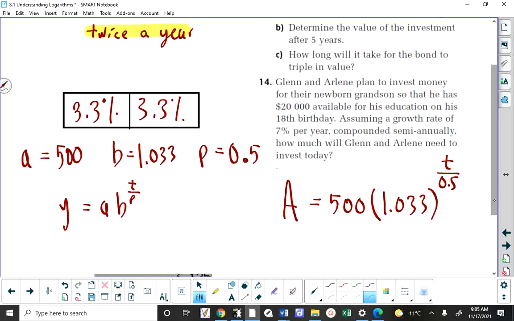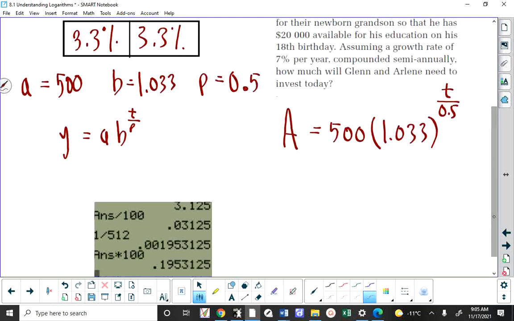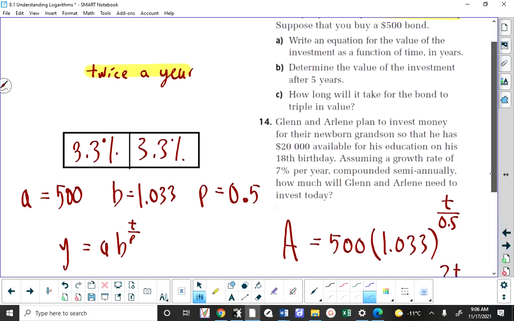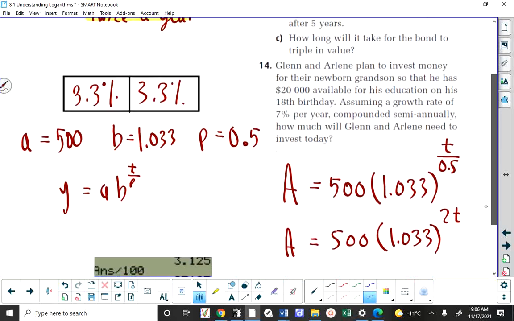And I don't know what the textbook says, but you could write a equals 500 times 1.033 raised to the 2t. Because 0.5 is a half, right? So no matter how you look at it, t over a half is 2t. You could multiply top and bottom by 2. You could flip the fraction over. Anyway, that's the equation that you're going to be working with to answer B and C.